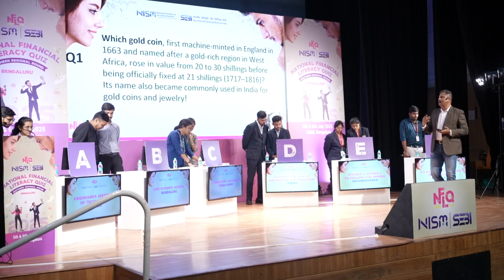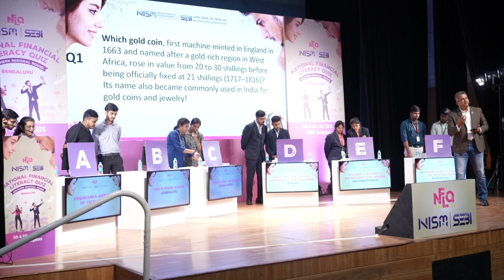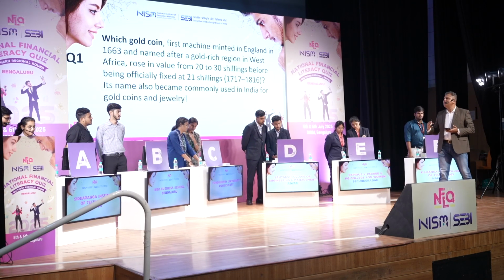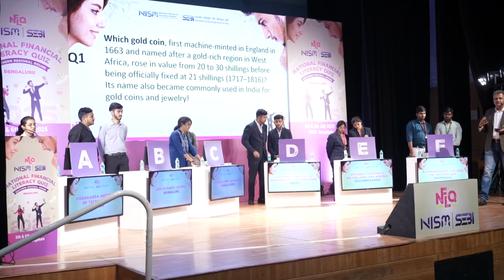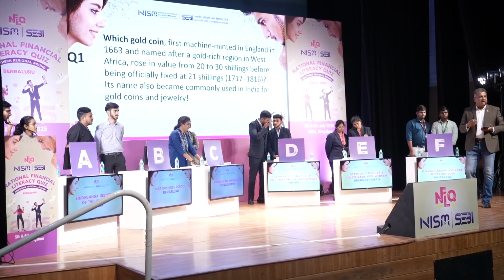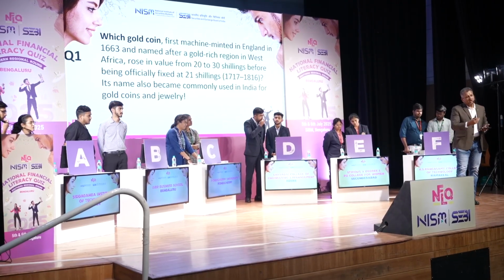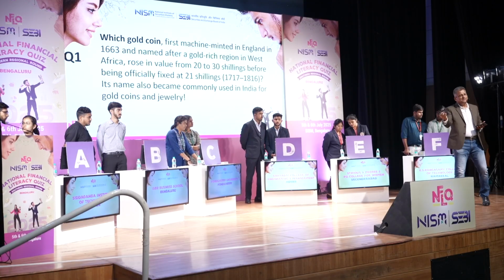The name India has got a strange connection to it because the name of this gold coin is commonly used in India to refer to gold coins and jewelry in general. Even today, if you go to a jeweler to get some gold coin for saving, especially in North India, you might tell him that I've come here looking for a blank.